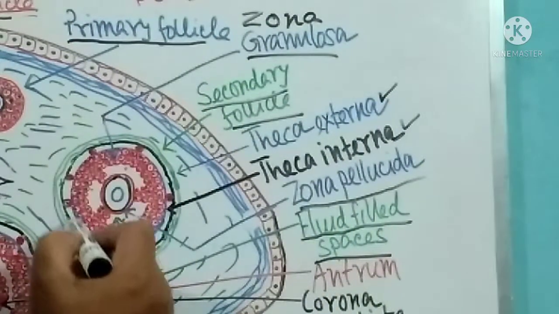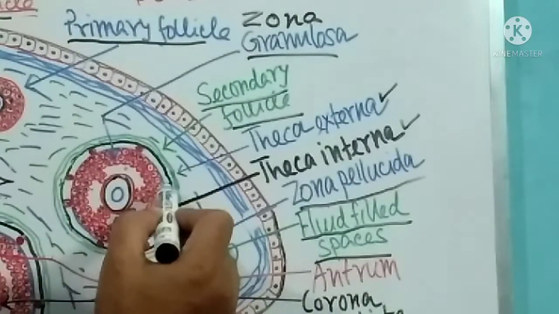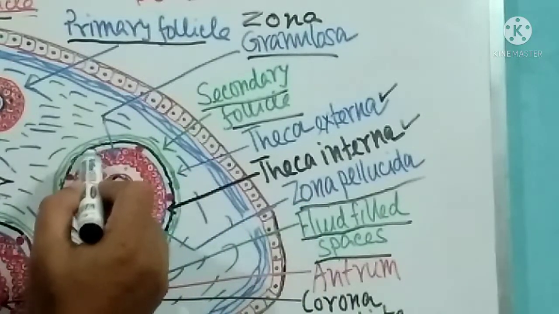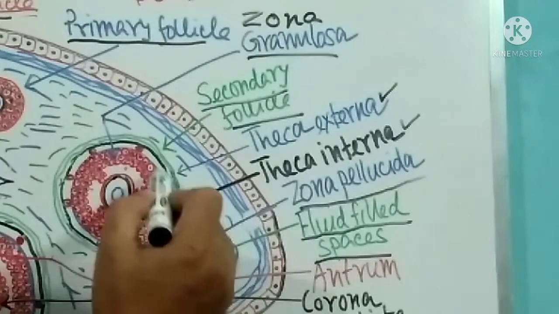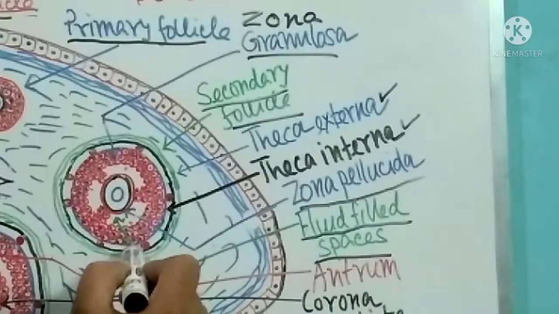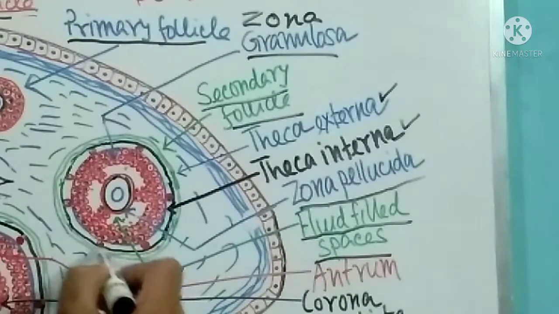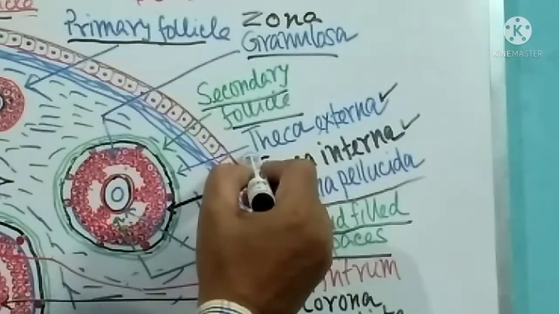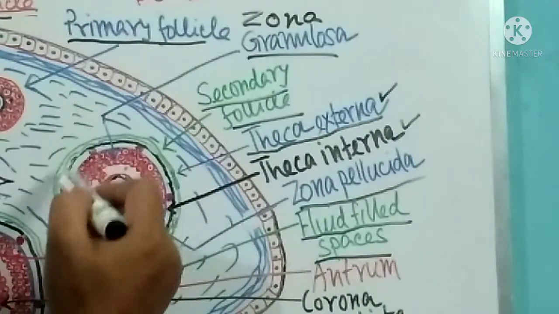Theca is developed surrounding the follicle. This is inner theca. Inner theca contains blood vessels, and this is outer theca, green color, that is theca externa, made up of white fibrous tissue.